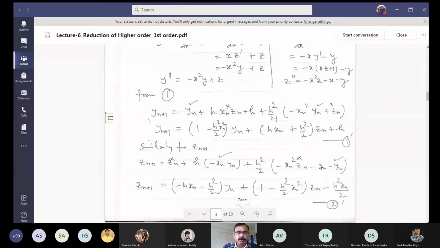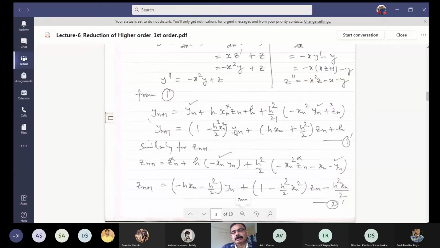Now you see, you have the values x naught and y naught. Is that right? Yes, sir. Okay. So for n equal to 0, if you want to calculate your y1 and z1 together, y1 will be this quantity. h is known, x naught is 0, so this is gone.